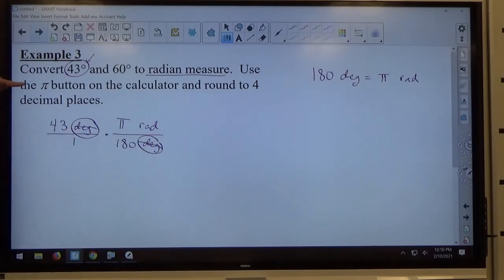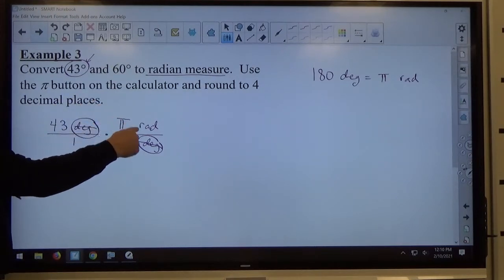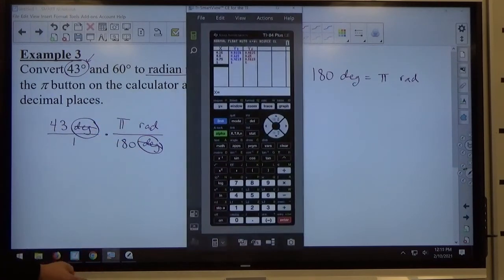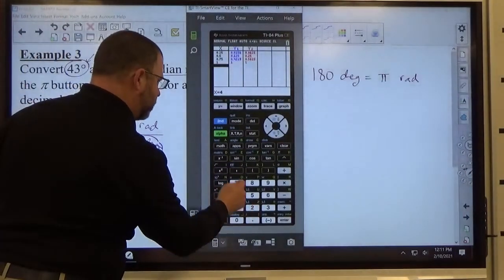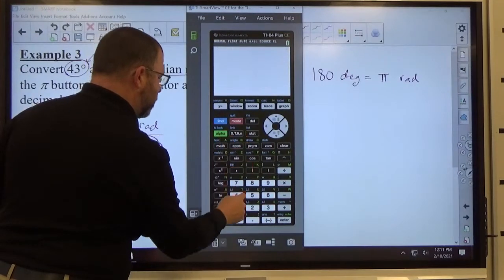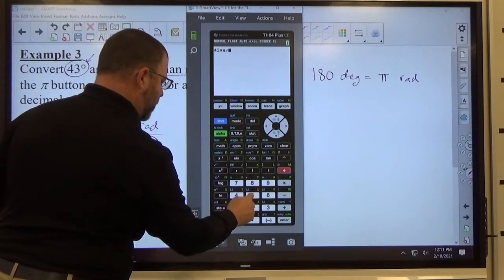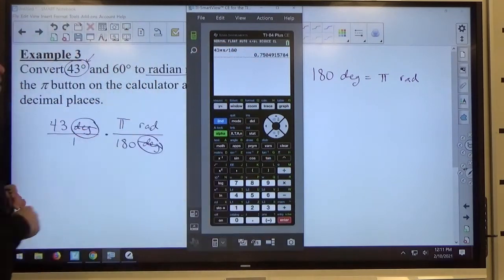Now it says use the pi button on the calculator, round your final answer to 4 decimal places. So I'm going to multiply 43 times pi divided by 180. Things on top multiply, things on the bottom divide. So 43 times the pi button divided by 180 comes out to that decimal expression.